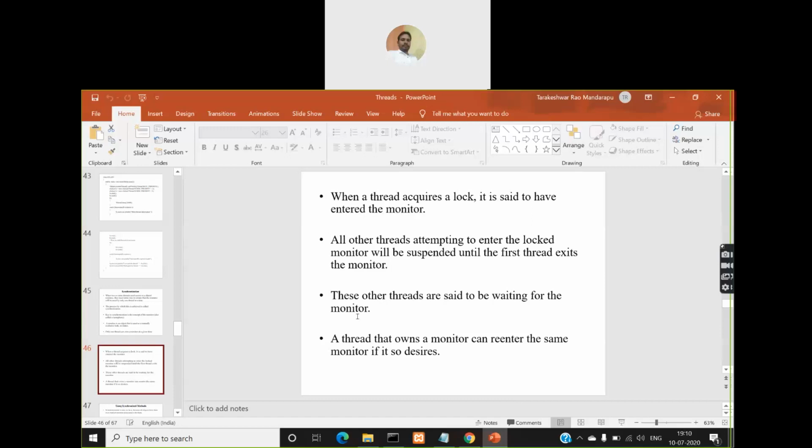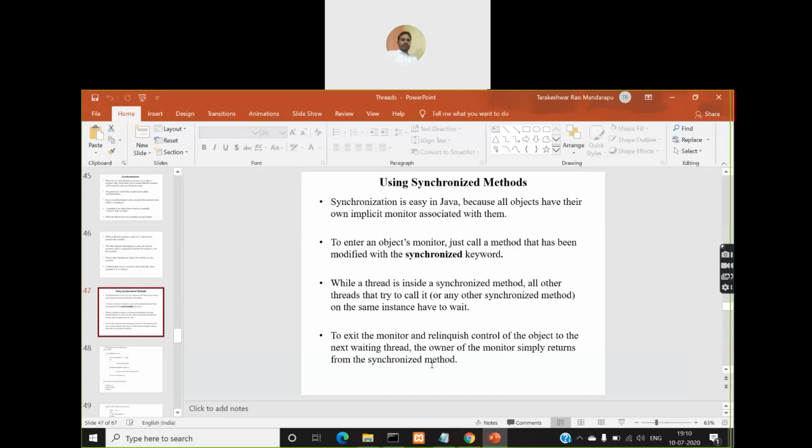A thread that owns a monitor can re-enter the same monitor if it so desires. So if you are having that monitor or lock with you, if you want to re-enter the monitor again, you can enter it later. Once you enter, it doesn't mean that you will be able to access it only one time. How many times you want, you can enter into that monitor for a shared resource.